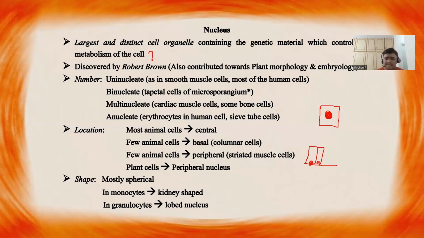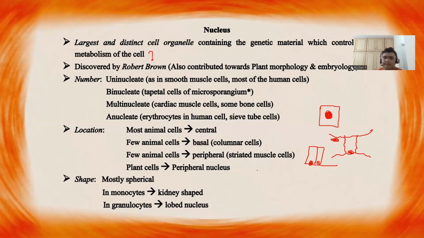Next, few animal cells are also having peripheral arrangement. If you see in striated muscle cells, striated muscle tissue, out of that one cell, we are going to find some striations like this, and nucleus is going to be at the periphery. What do I mean by periphery? It means at the corner of the cell. Periphery means corner of the cell.